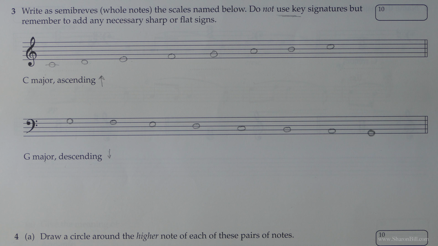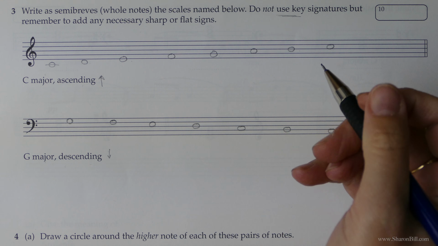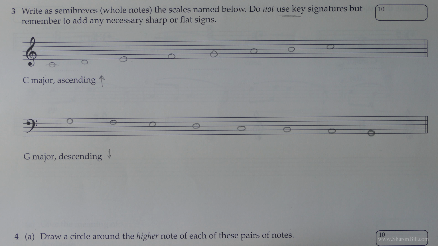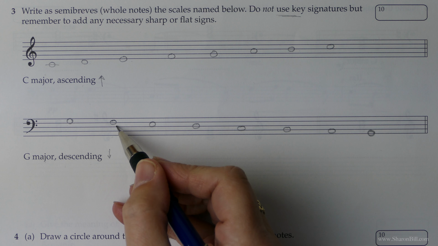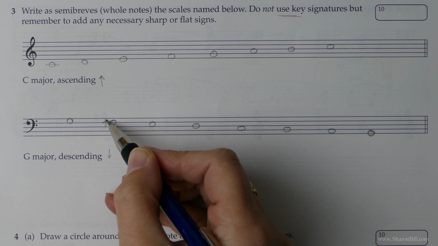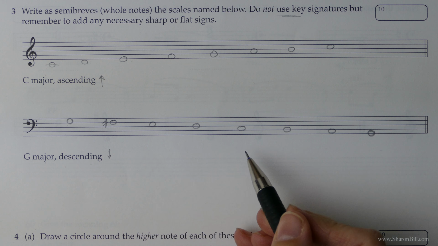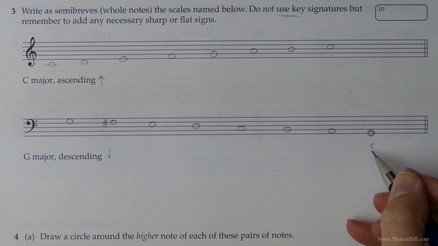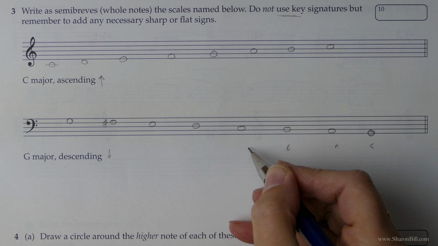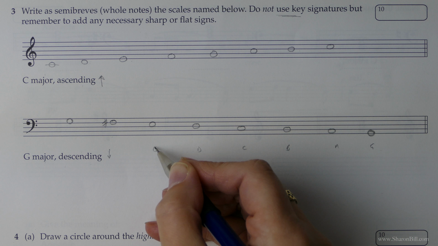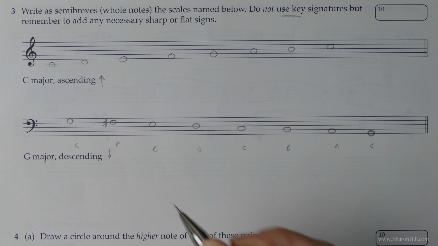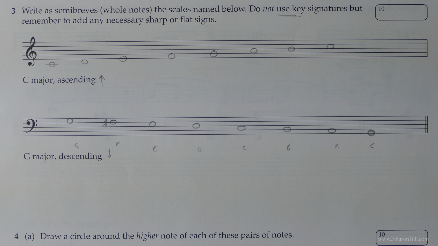Now G major has a key signature of F sharp. However, we're not required to use a key signature, so we need to add that as an accidental. So good boys deserve football. There's our F sharp. If you're not familiar with this clef, you could always just sketch the letter names underneath, just to help you find that note. But good boys deserve football, there we are, sorted.